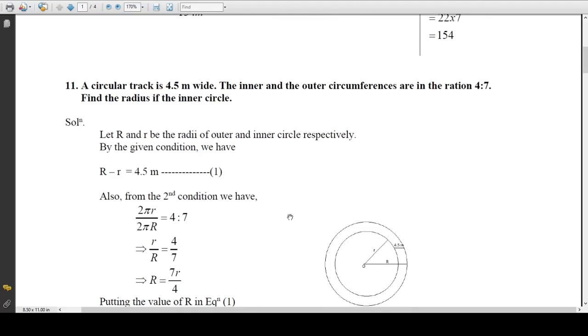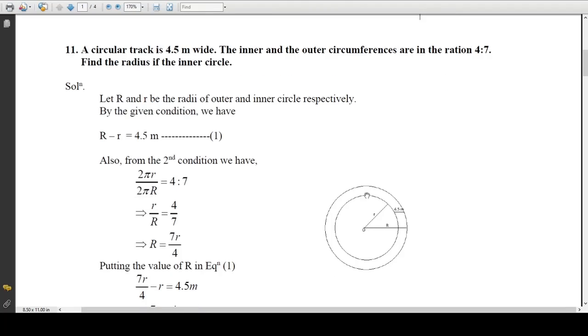Okay, now this figure here is representing the problem that is given here, that there is a track which is 4.5 meter wide.